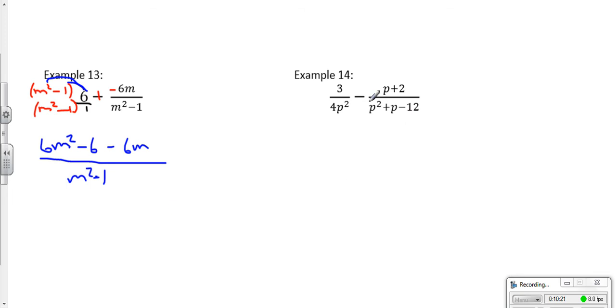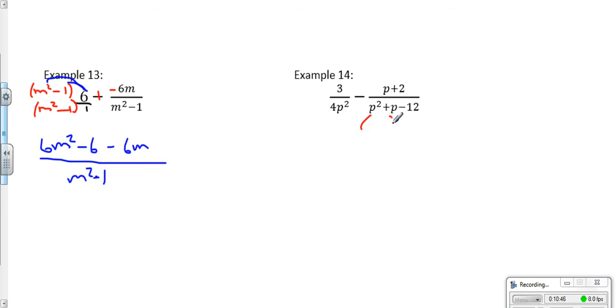Okay, the next one, we have a rational expression here with 4p squared, and the second one is a trinomial. So let's factor that and see if we can simplify this first. Now the last question, factoring that one would not have canceled anything out, but this one it might. So let's play around with that for a second.